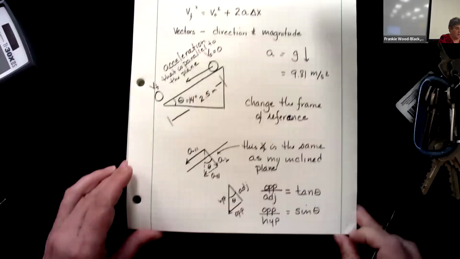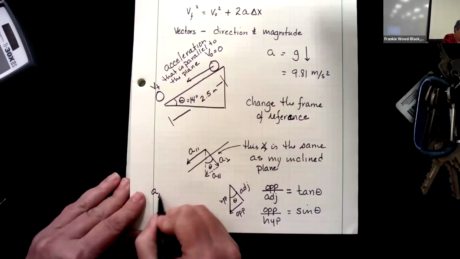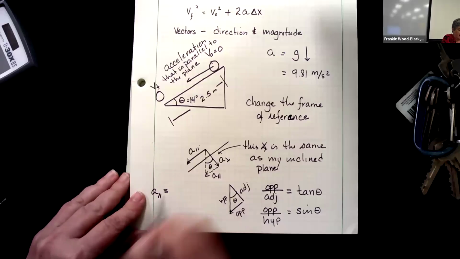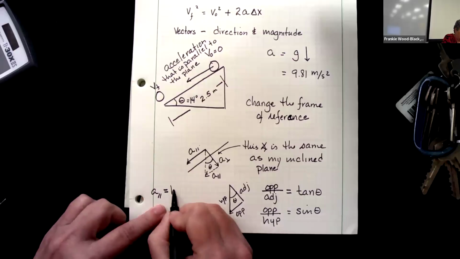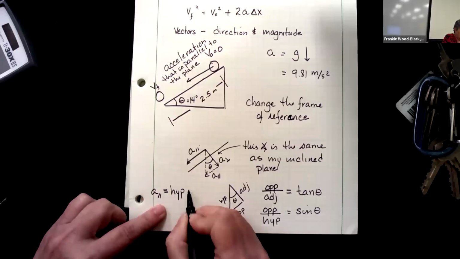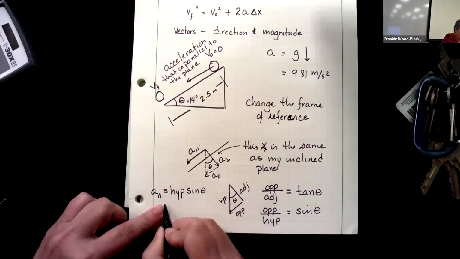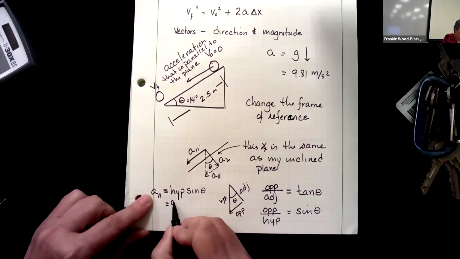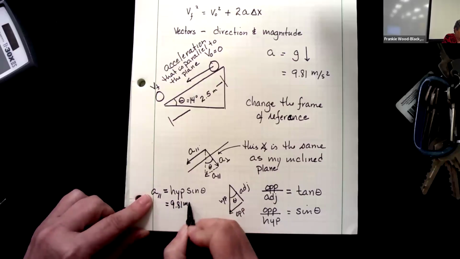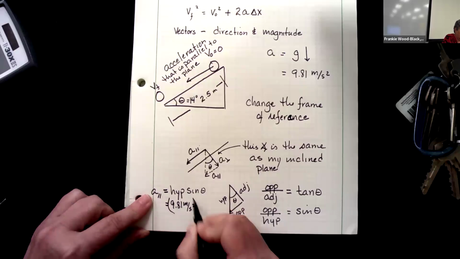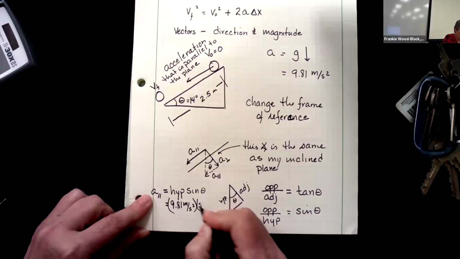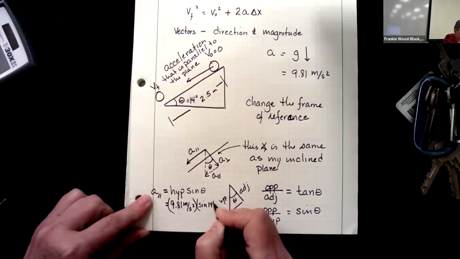So if I'm looking for my acceleration that's parallel, that is going to be the hypotenuse times the sine of the angle. I know my hypotenuse is 9.81 meters per second squared, and the angle is 14 degrees.